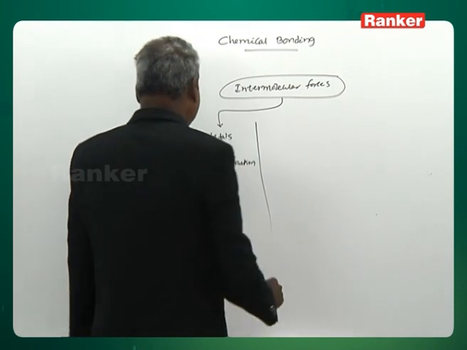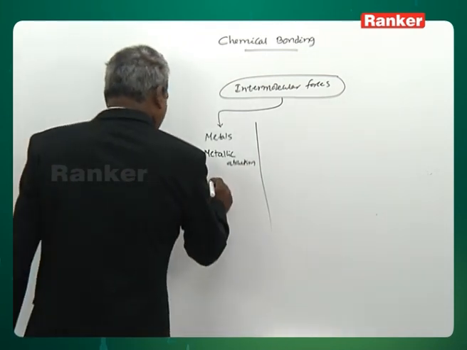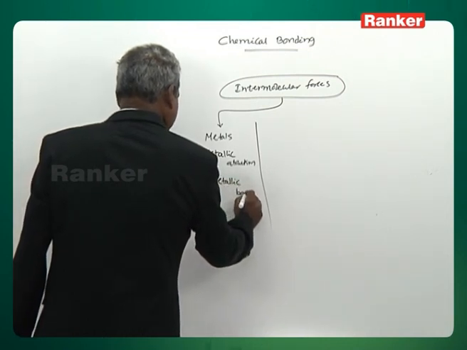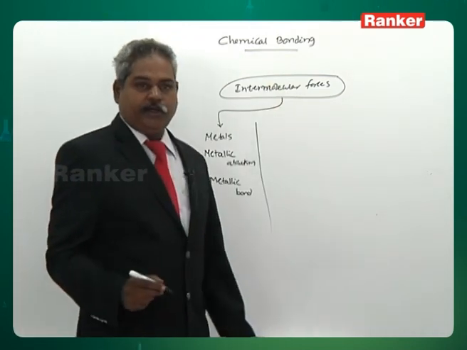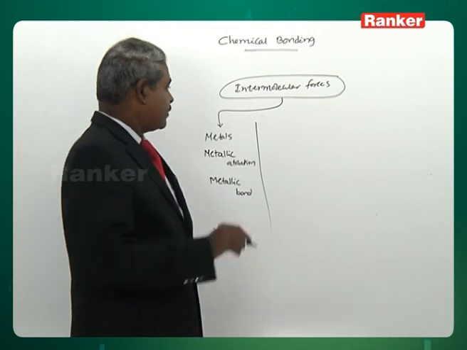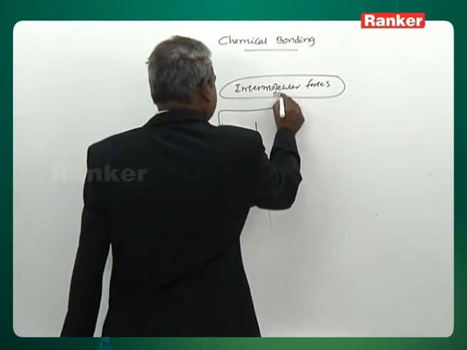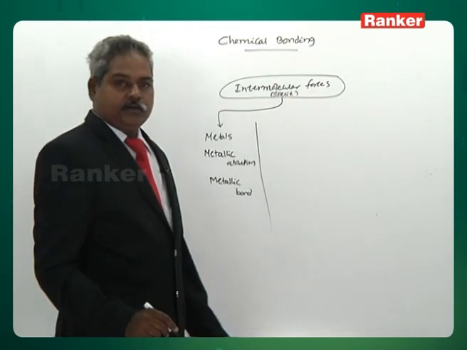In metals, we have metallic attractions, and the bond existing there is called metallic bond. Here, when I said intermolecular, I mean interatomic, interionic, interspecies attraction, any species, be it molecule, atom or ion.